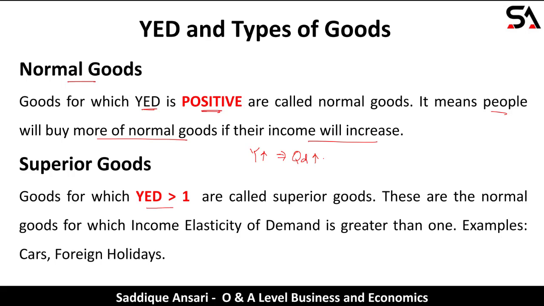Goods for which YED is greater than 1, they are called superior goods. These are the normal goods for which income elasticity of demand is greater than 1. For example, cars and foreign holidays. If income will increase, there will be a greater percentage change in quantity demanded in case of superior goods.